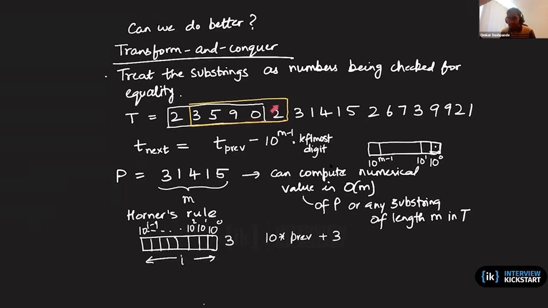Now, when we add one more digit on the right side, we have to do what we did here with Horner's rule, namely take this whole value, multiply it by 10, and then add to that the new digit that came in from the rightmost digit of the new window.